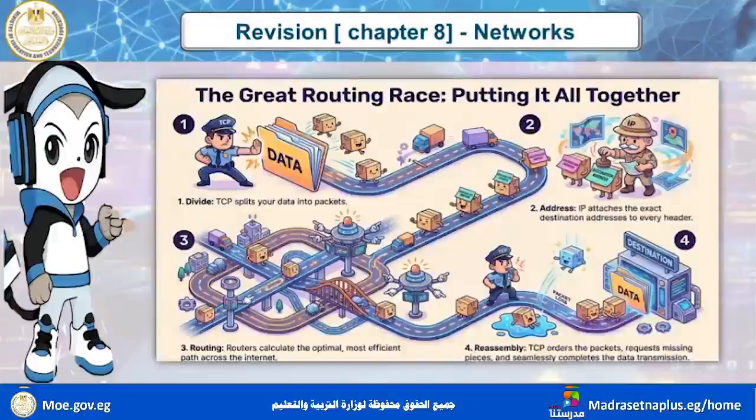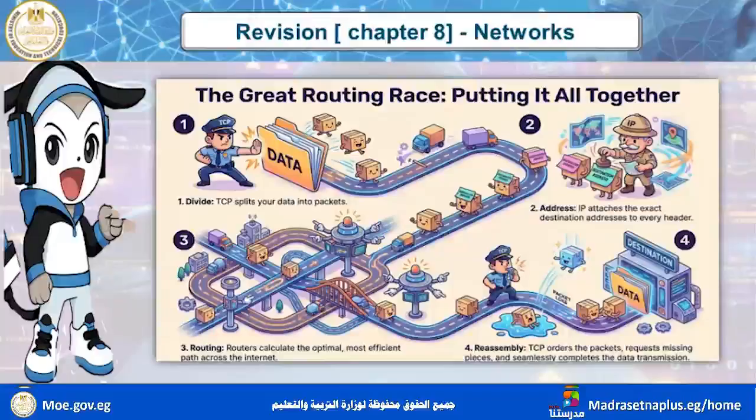The great routing race, put it all together. First step, we divide. TCP splits your data into buckets. The second one is we address. IP attaches the exact destination address to every header. So divide the data, then give it the destination we want to reach.